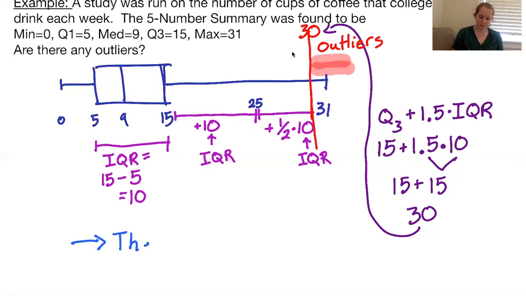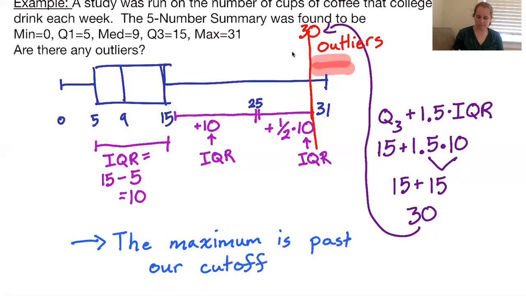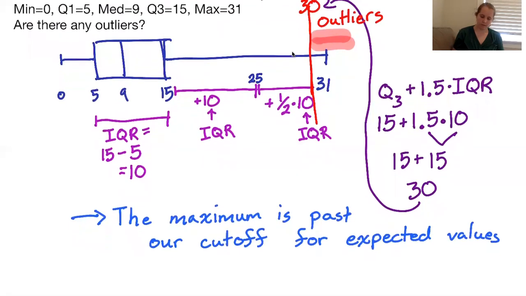So the maximum is past our cutoff. And so that means that 31 is an outlier.